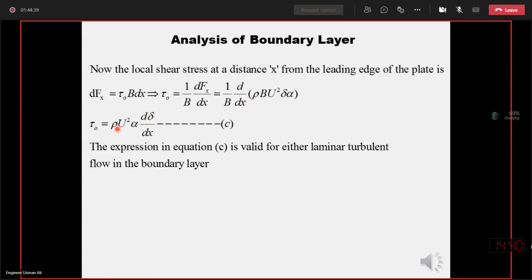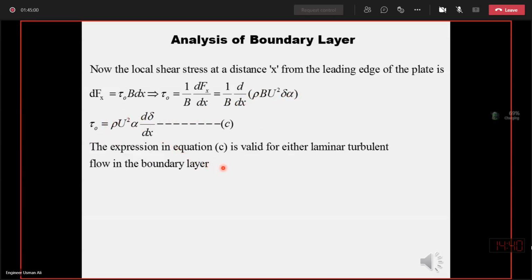Further you can write, tau naught is rho u square, b will be cancelled, so it will be rho u square into alpha into d del over dx.